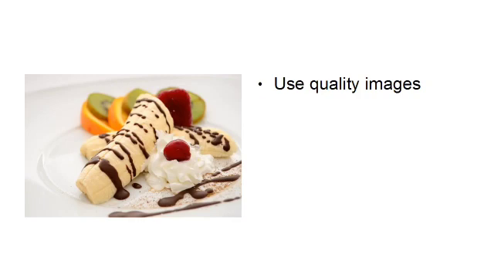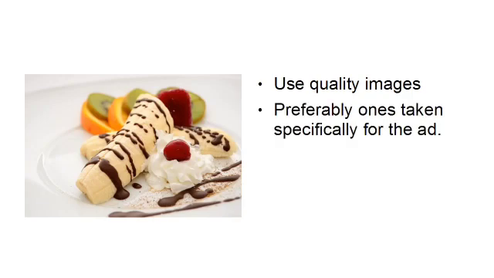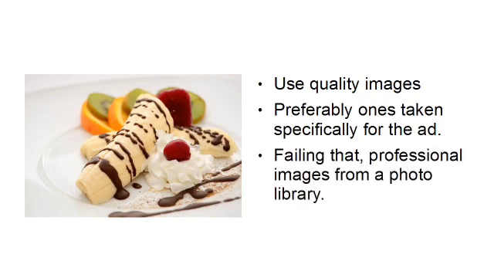So when you're using images, you should use quality images. Preferably, you should use ones taken specifically for the ad. Or failing that, you want to get some professional images from a photo library, and there are lots of them online. But you want to make sure, first of all, that they look good.